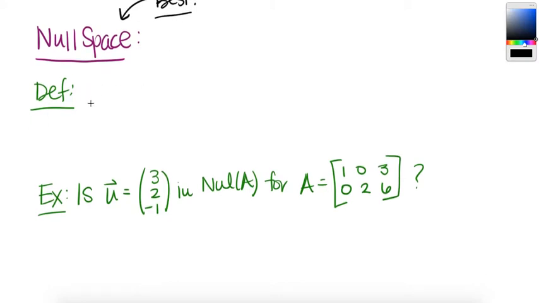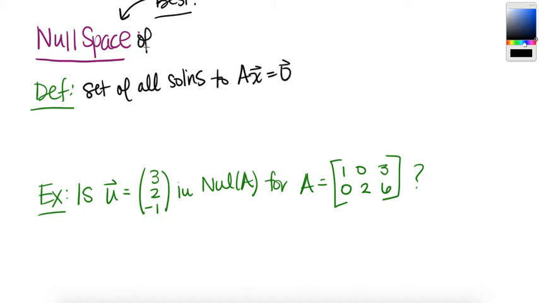So, the definition. This is another case of linear algebra where we're giving a new name and context to something that we've already been talking about. So in words, it's the set of all solutions to Ax equals 0.